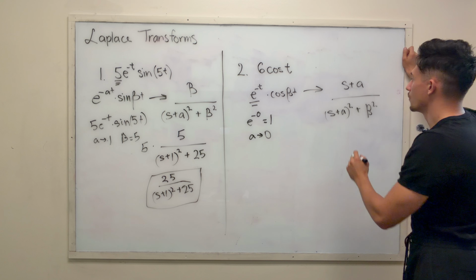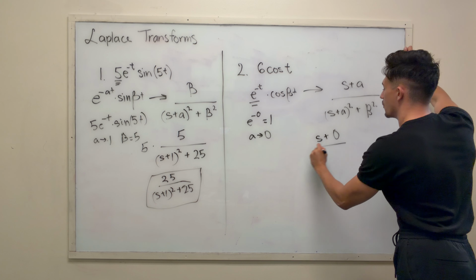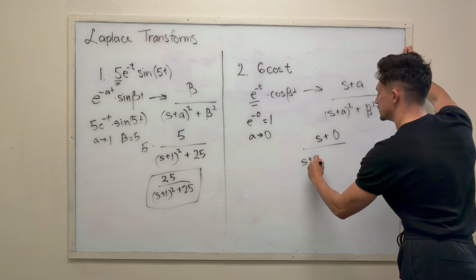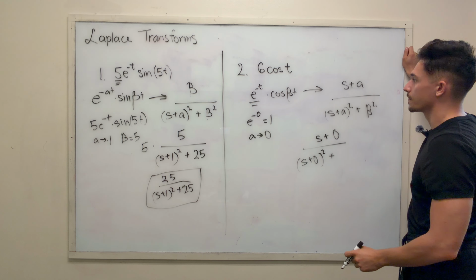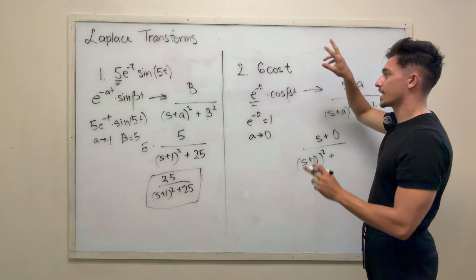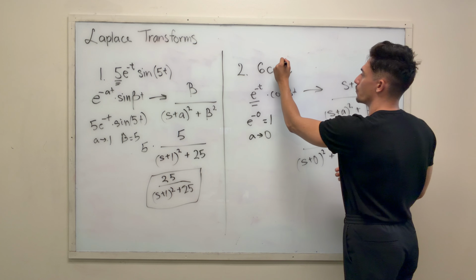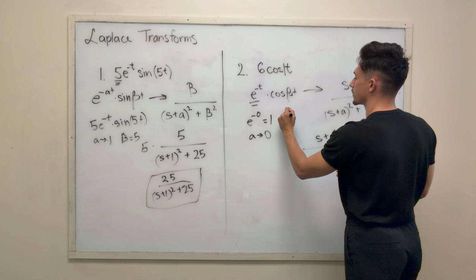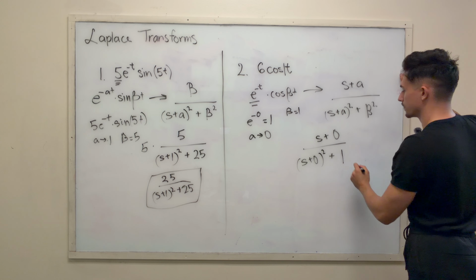If we plug in 0 here, we get s plus 0 over s plus 0 squared plus our beta, which is also technically not a visible value, but it is there, a 1 over here. So beta is actually 1, and 1 squared is just 1.